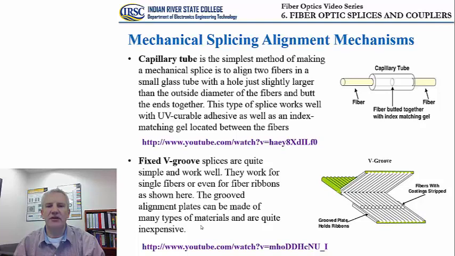This is also a very simple technique that works pretty well. The groove alignment plates can be made of many types of different materials and are quite inexpensive. So it is a very affordable technique to be used to align fibers before mechanical splicing is performed.